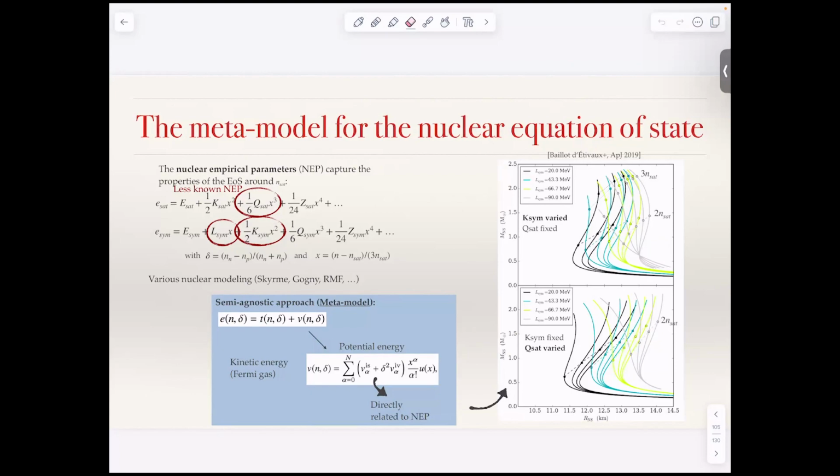We realized that because, for instance, we took a given equation of state, generated the empirical parameters of this equation of state, and put them inside the meta model, and we quickly realized that it is not a very efficient way to reach convergence. So the high order empirical parameters employed in the meta model may not be accessed by high order derivatives around saturation density.